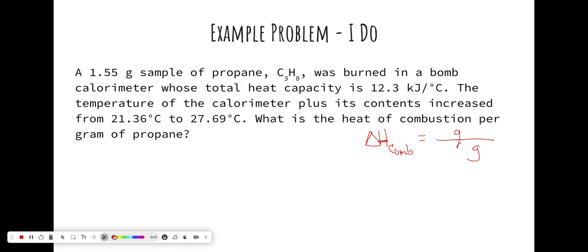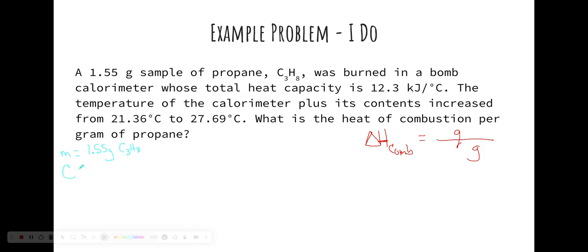Now, we also want to go through and identify what was given to us. We were given the mass, which is 1.55 grams of methane. And then we're also given the heat capacity of the calorimeter.